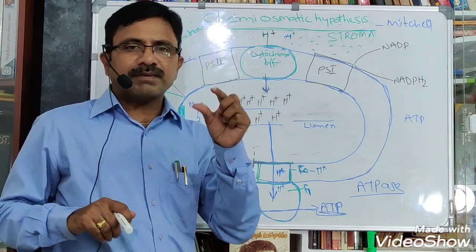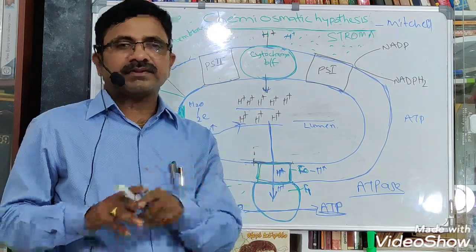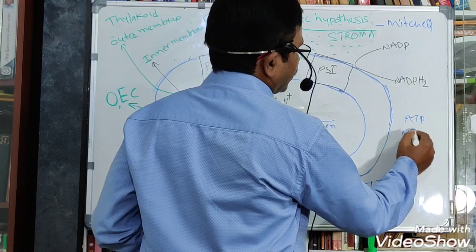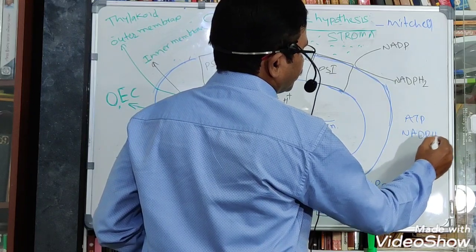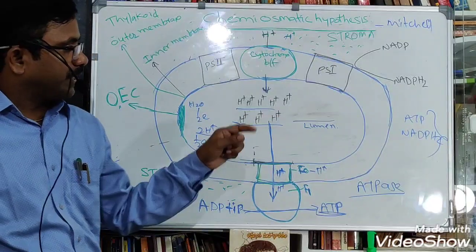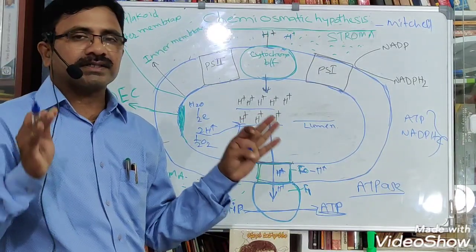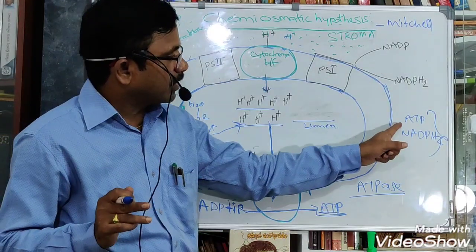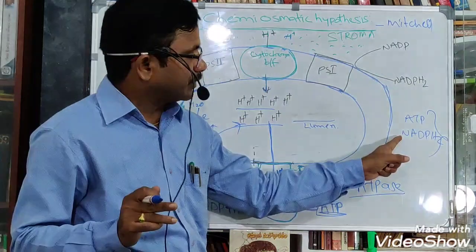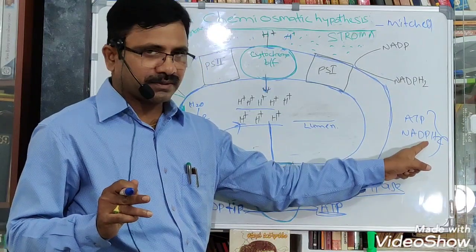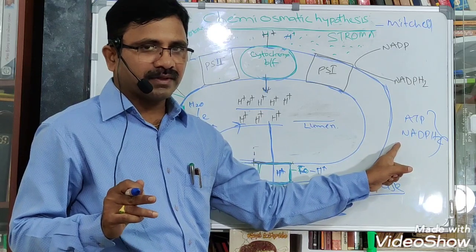The ultimate aim of light reaction is to generate assimilatory power, which is in the form of ATP, adenosine triphosphate, and NADPH2, nicotinamide adenine dinucleotide phosphate, reduced NADP.